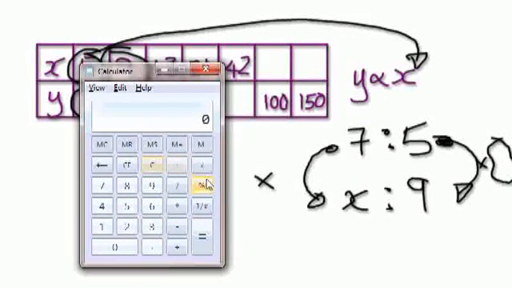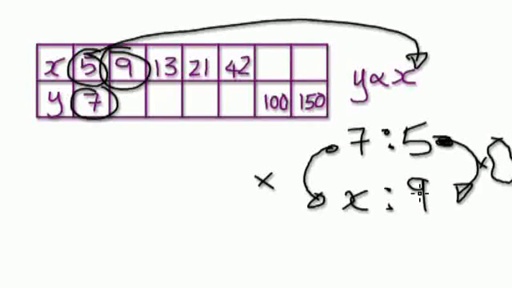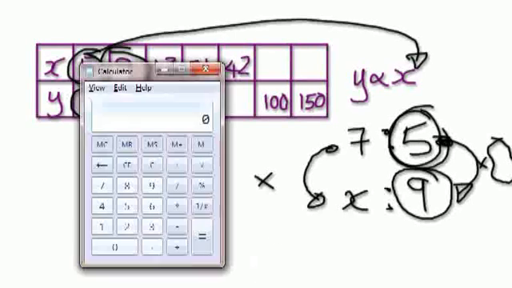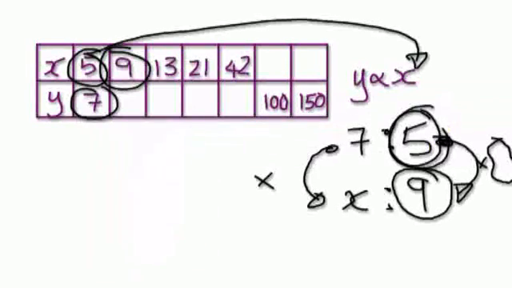To find this multiplier, I'm going to work backwards: 9, the destination, divided by the start, 5. So 9 divided by 5 equals 1.8. The multiplier here is 1.8, so this multiplier here will be 1.8 as well.